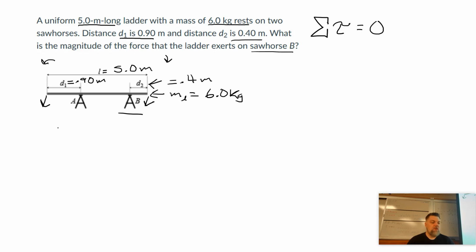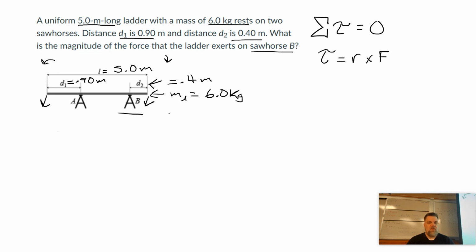So then what we need to do is just add up the torques. This torque over here on B, remember that torque is really just the radius or distance times the force that's applied. Okay?